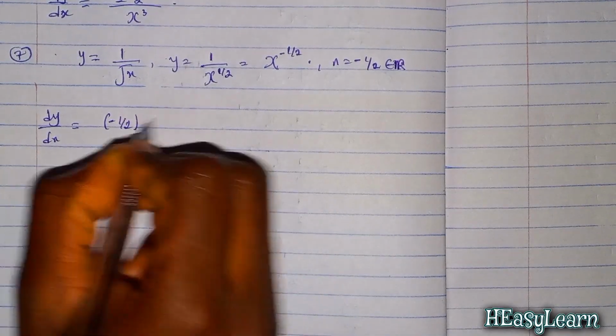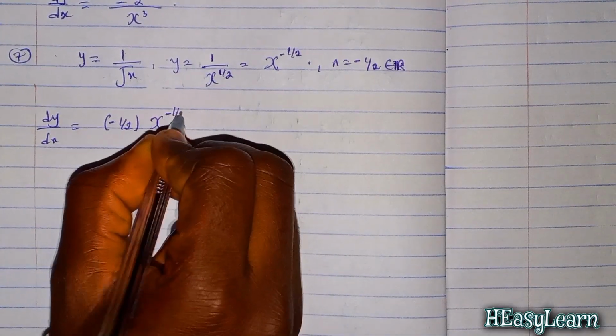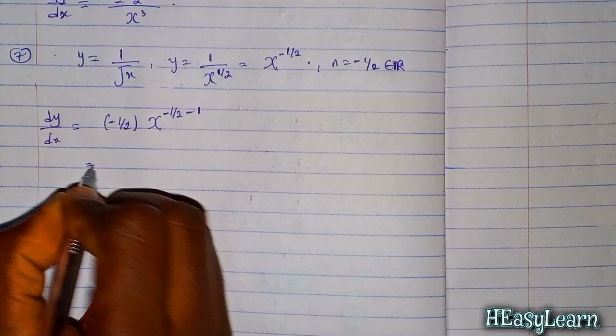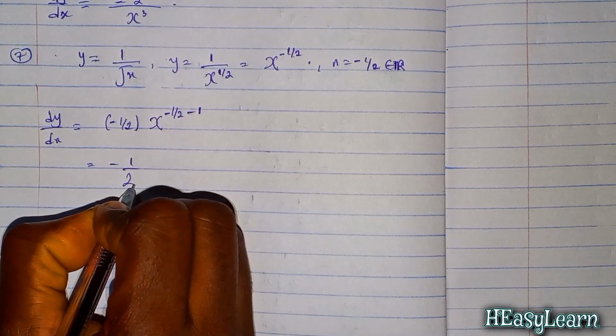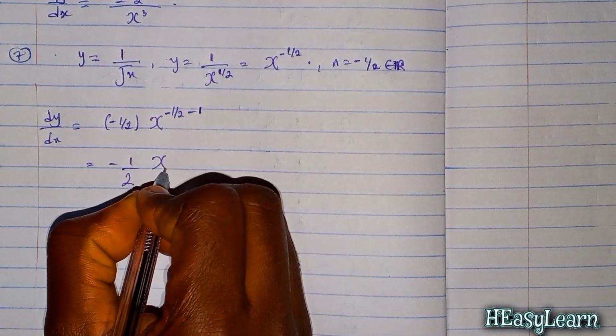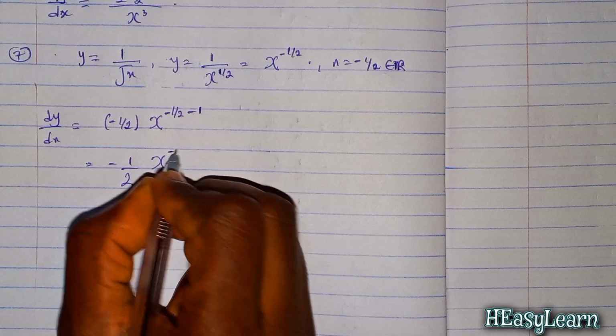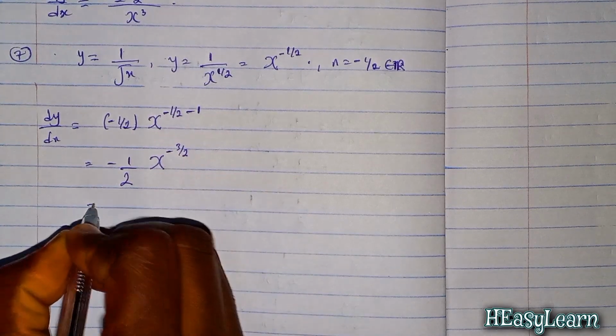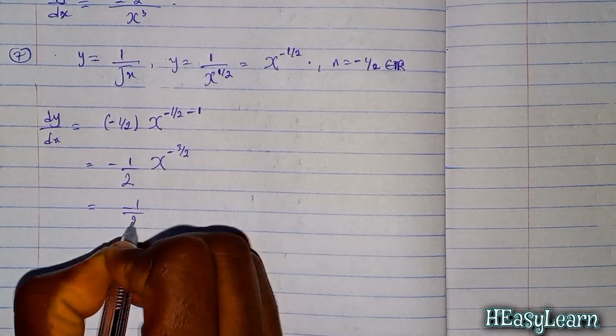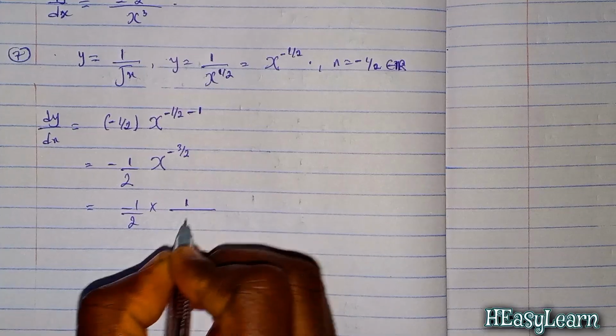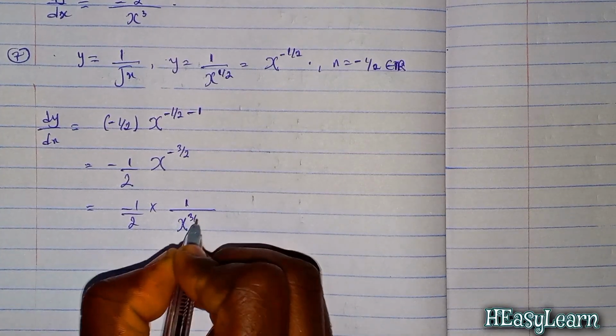Minus 1 over 2, x to the power of minus 1 over 2 minus 1. Minus 1 over 2, x to the power of minus 3 over 2. This is the same thing as minus 1 over 2 multiplied by 1 over x to the power of 3 over 2.